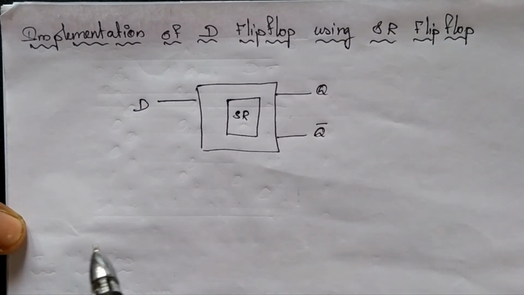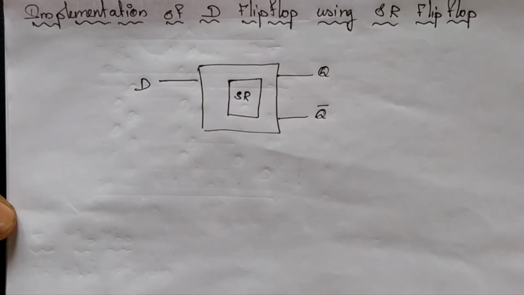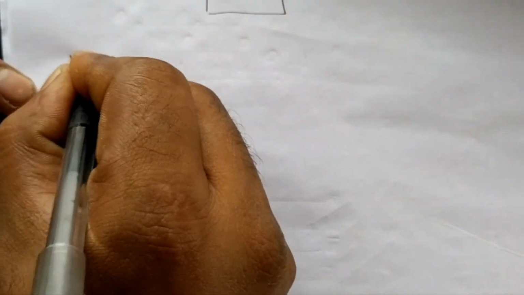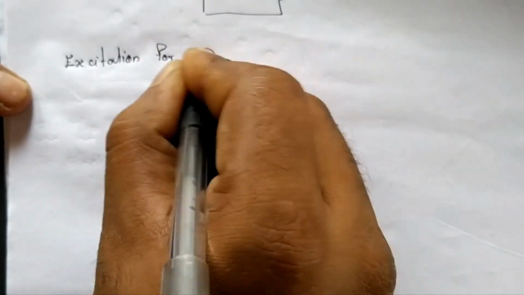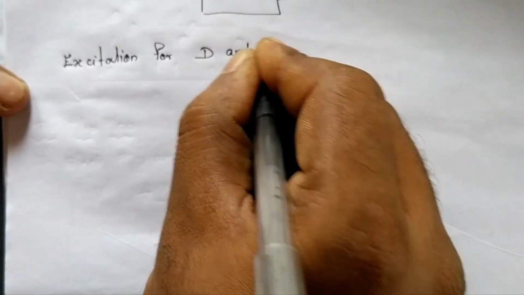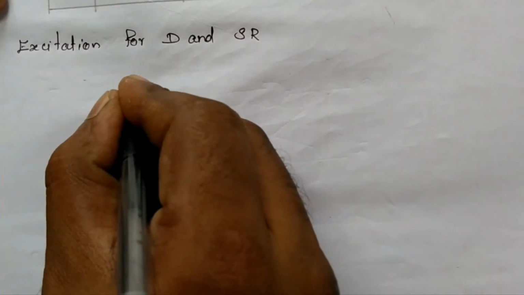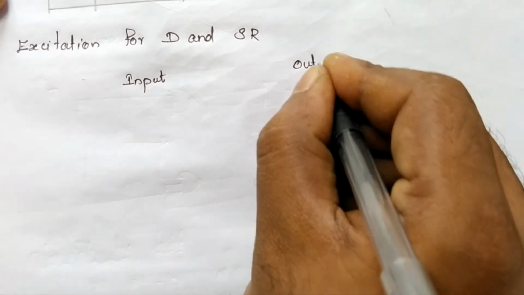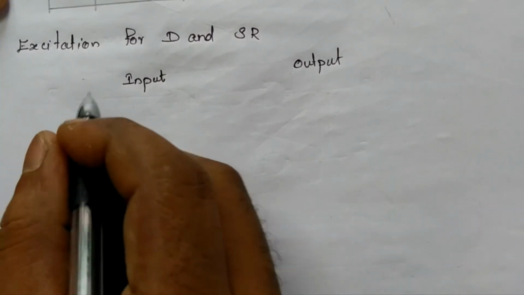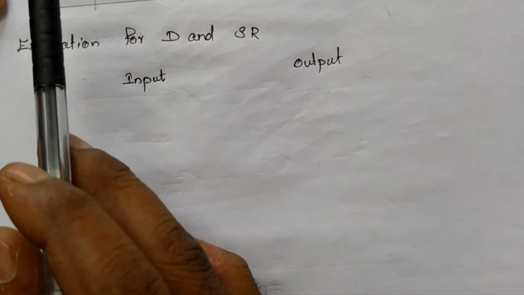Therefore, first we need to go for the excitation table for both D and SR in the same table. So here first we will have the input side and we will have the output. On the input side, from the block diagram we can conclude that we are having the D input.